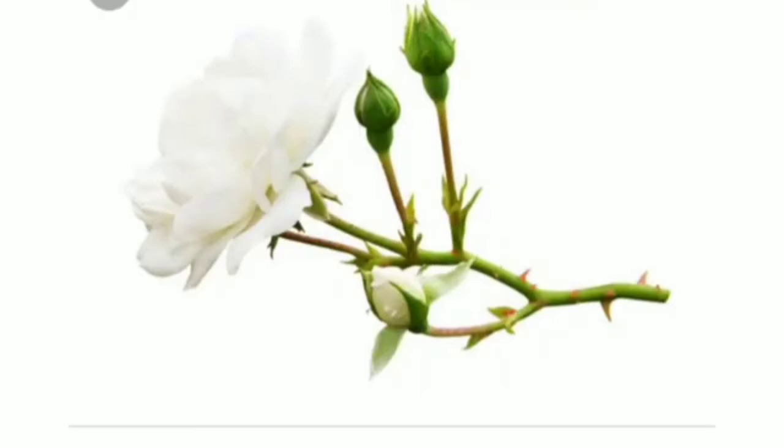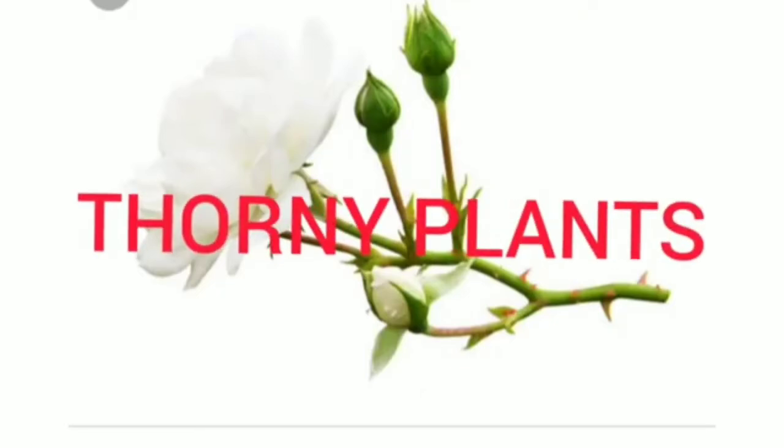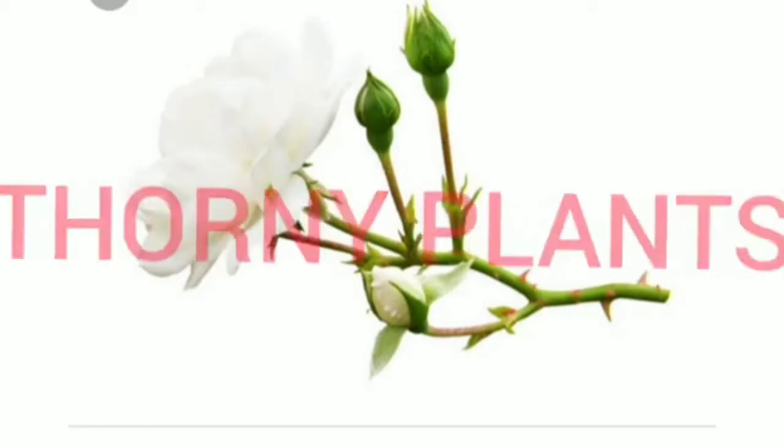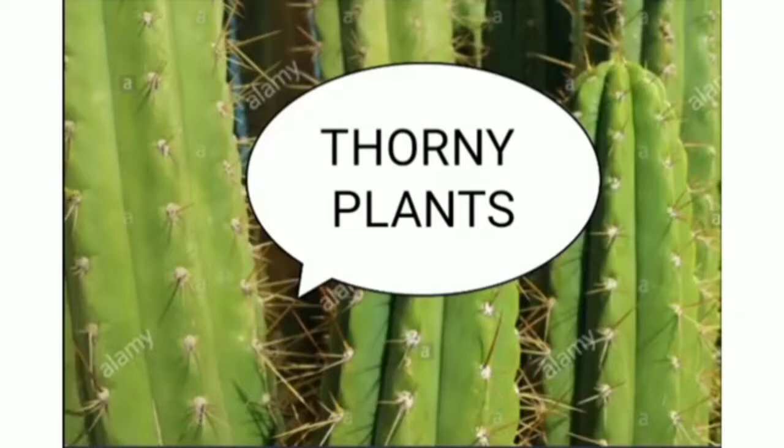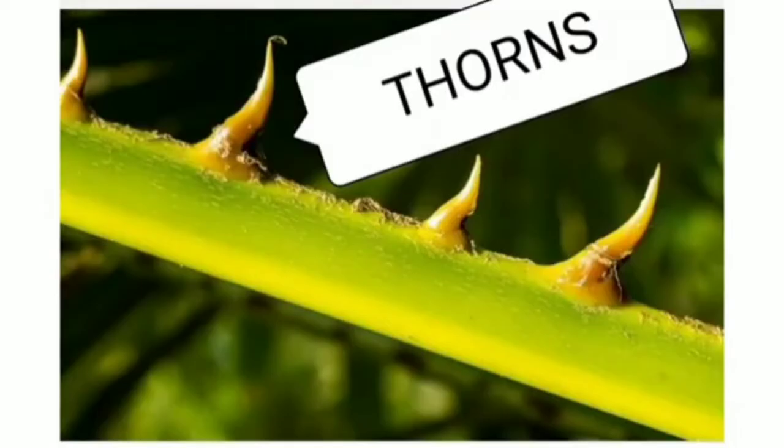Children, next we are going to see thorny plants. Thorny means mullu, the plant with thorns. Some plants like rose and cactus have thorns on their stems. Which plant can you say?